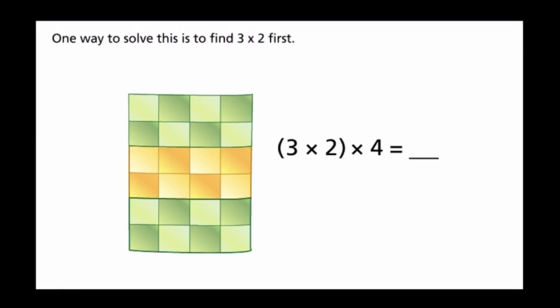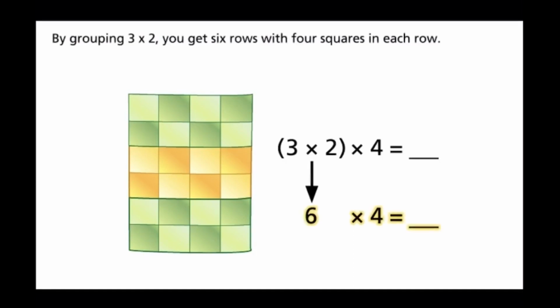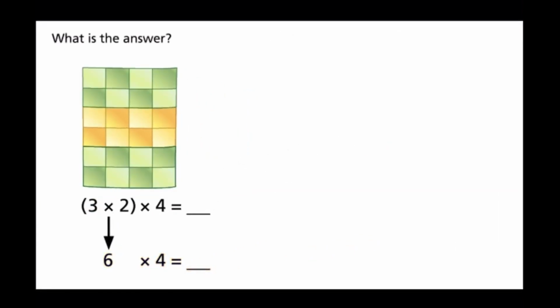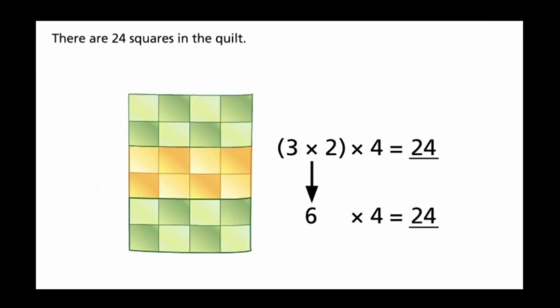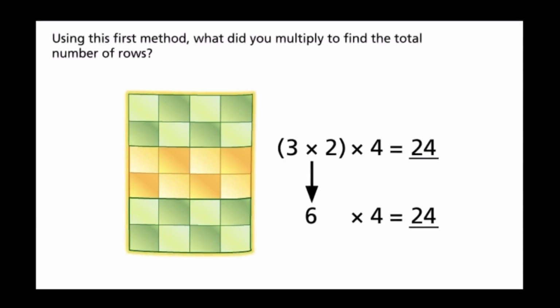One way to solve this is to find 3 times 2 first. By grouping 3 times 2, you get 6 rows with 4 squares in each row. What is the answer? There are 24 squares in the quilt. Using this first method, what did you multiply to find the total number of rows?